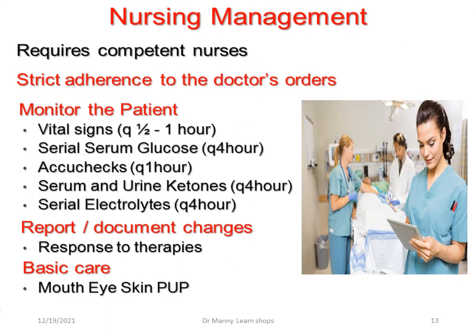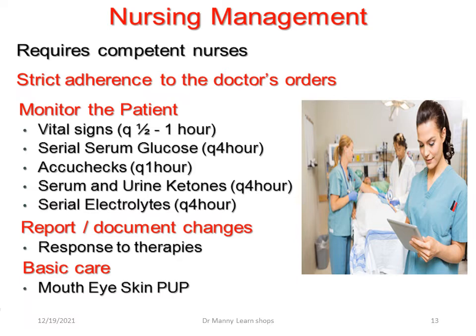So the nursing management, always we need competent nurses who maintain strict adherence to doctor's orders. You monitor the patient vital signs half hourly to hourly or according to your unit policy. Serial serum glucose is taken every 4 hours. Acute checks or quick analysis of blood glucose, finger pricks, every hour.